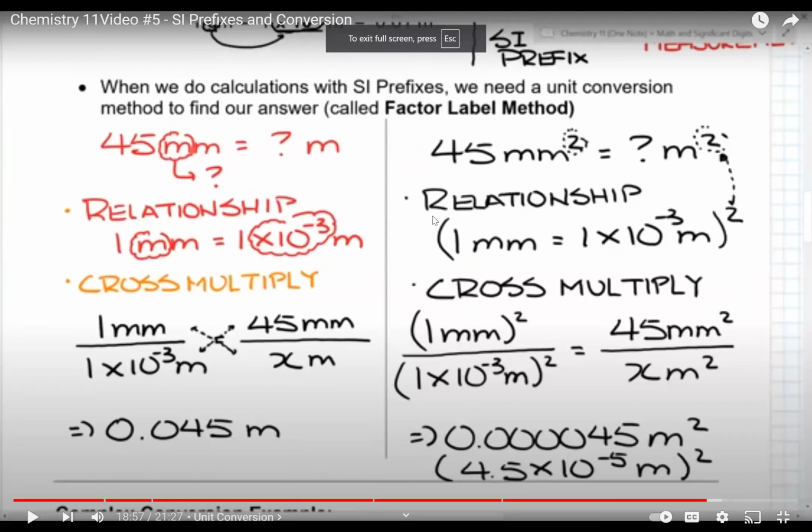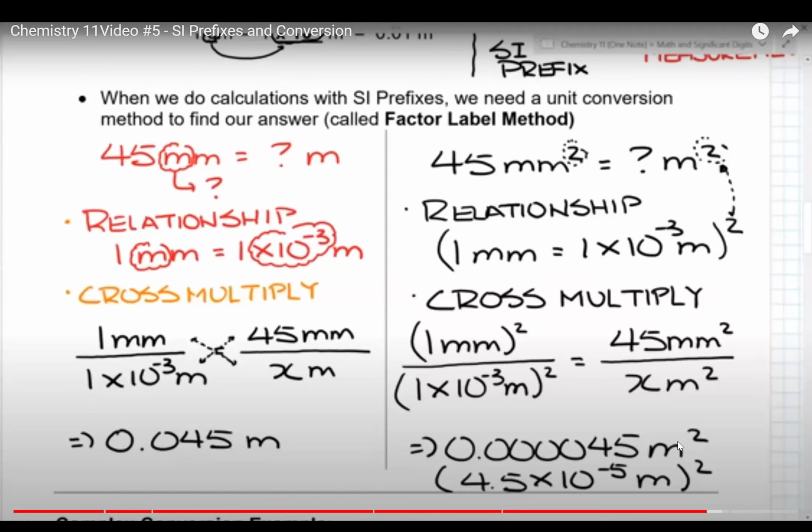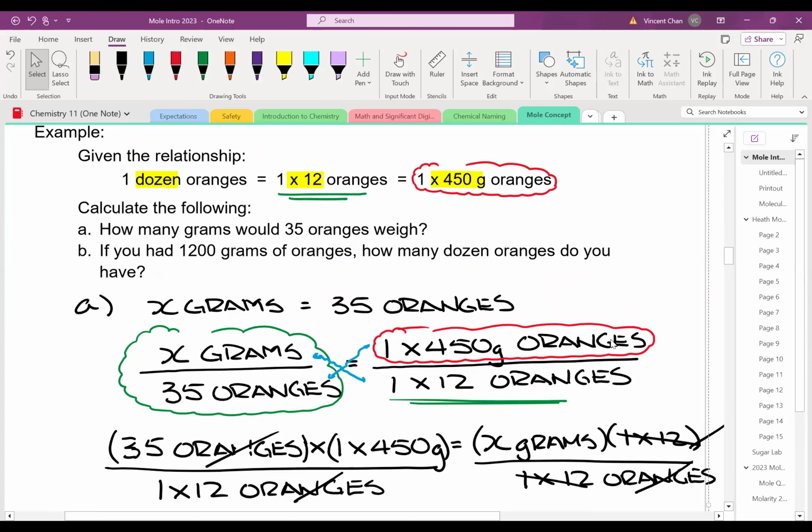So what we have here is the cross multiplying. You do the cross multiplication to get the units that you want. Now I'm just going to do the second question. If I had 1,200 grams of oranges, how many dozen oranges do you have? Notice the wording is a little bit different.